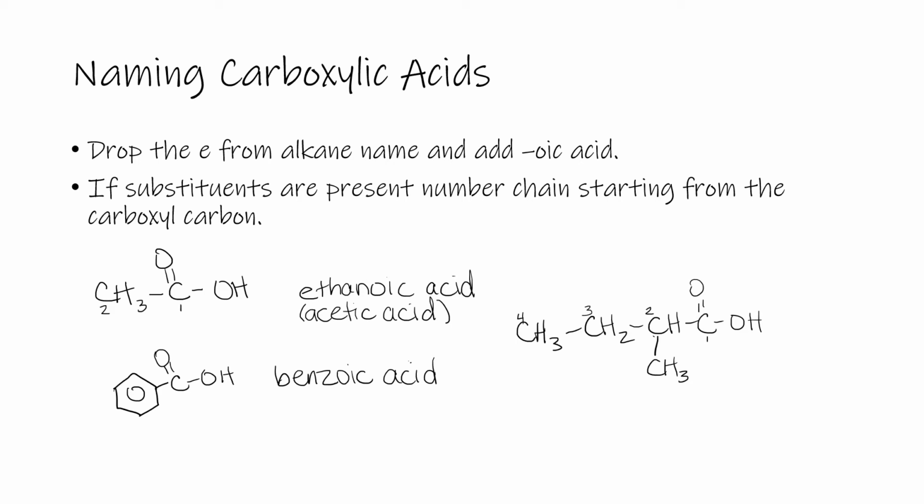And so that is a butanoic acid. And off of our second carbon in our chain, we have a methyl group. So that would be a 2-methylbutanoic acid. So named very similar to all of the ones that you have seen so far.